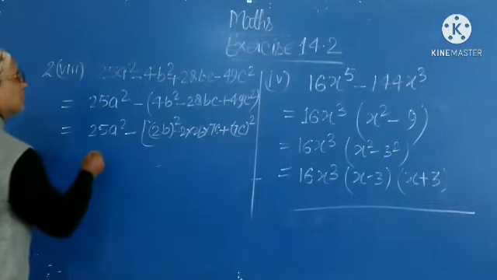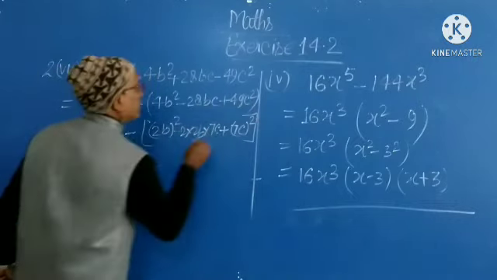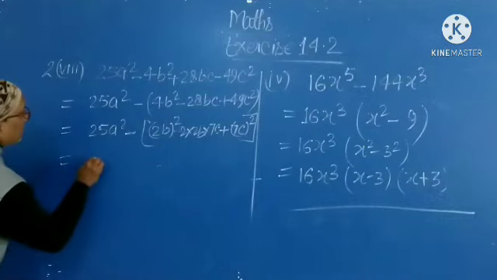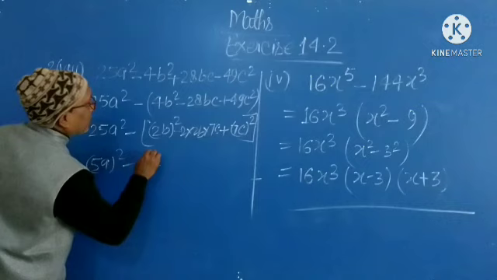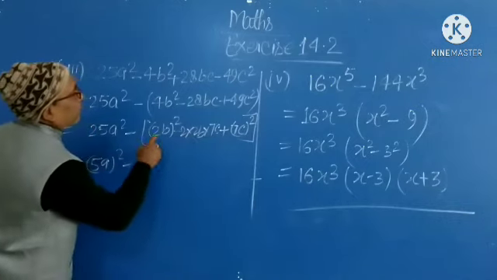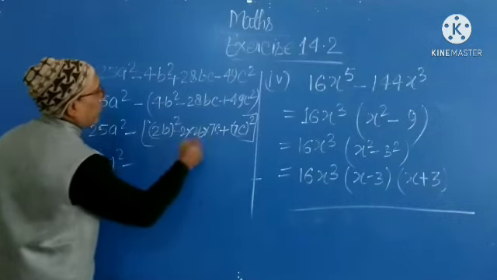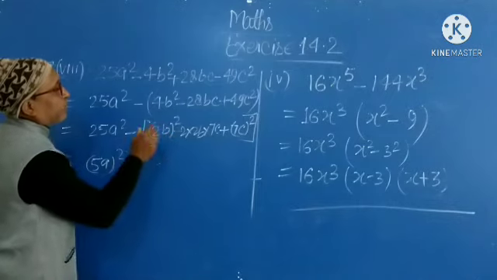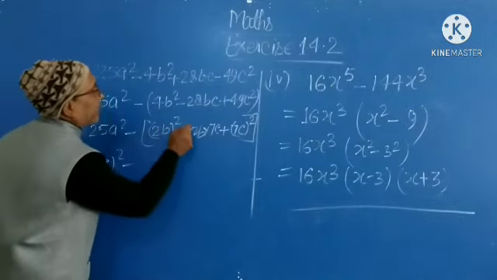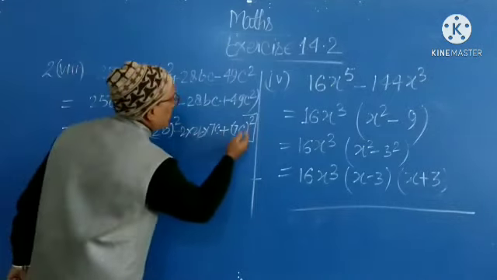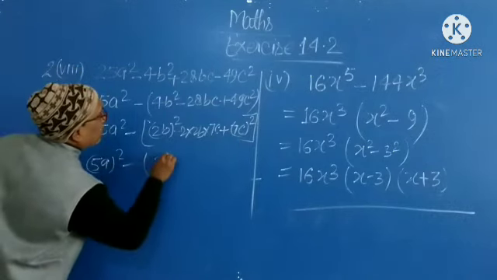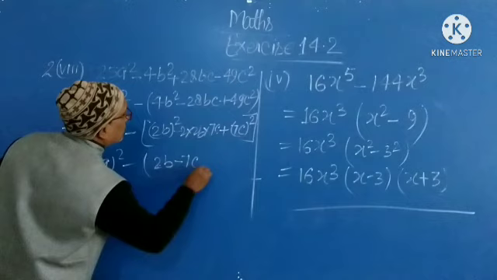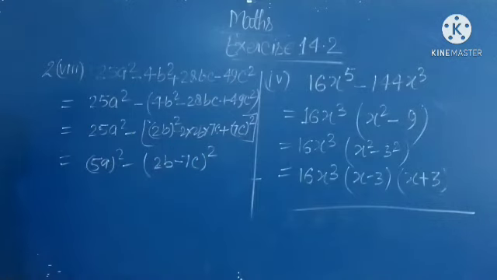This means you write here (5a) whole square, and you write this in the form of (a minus b) whole square, because this is in the form of a square minus 2ab plus b square. You write it (2b minus 7c) whole square.